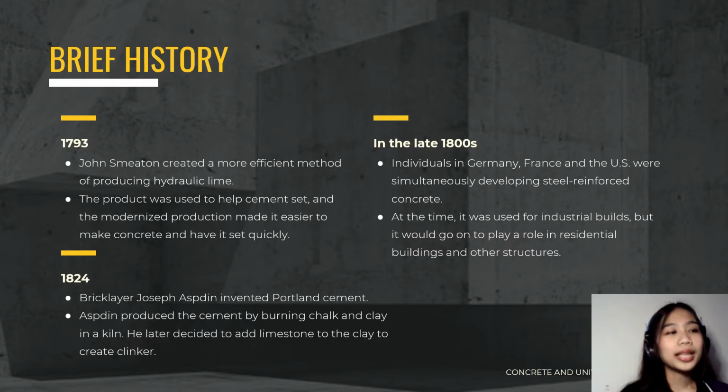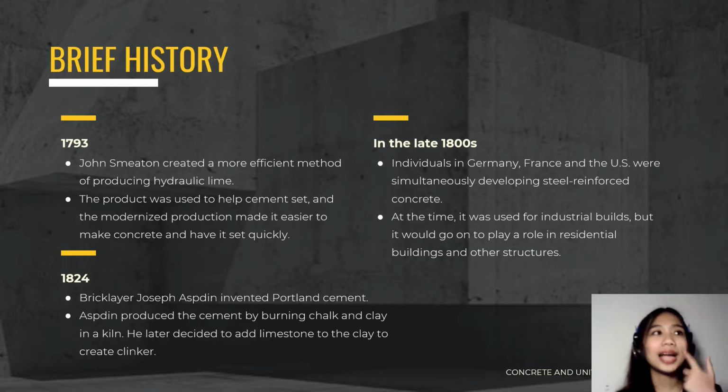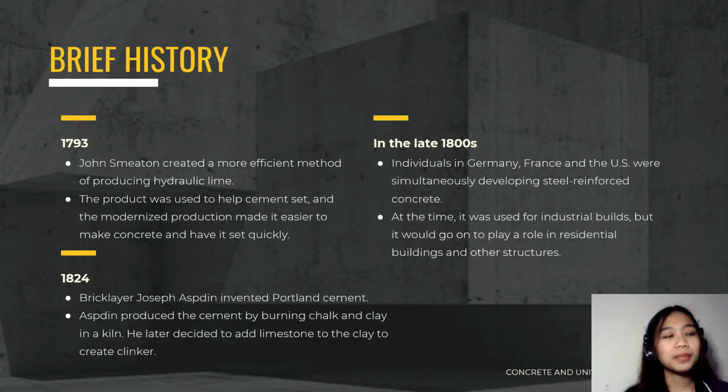In 1824, bricklayer Joseph Aspdin was also recognized for inventing Portland cement, which we still use in construction today. Aspdin produced the cement by burning chalk and clay in a kiln.